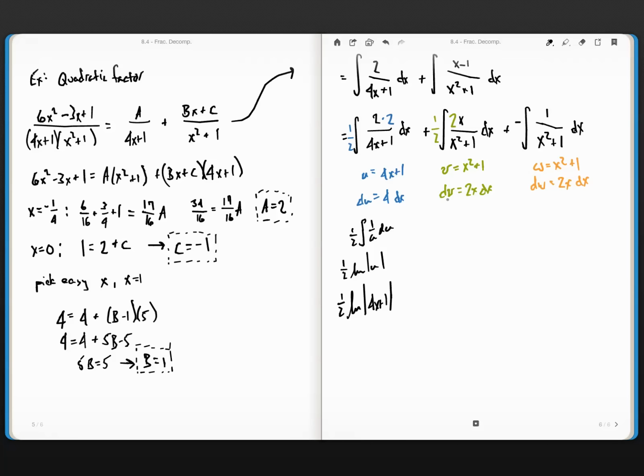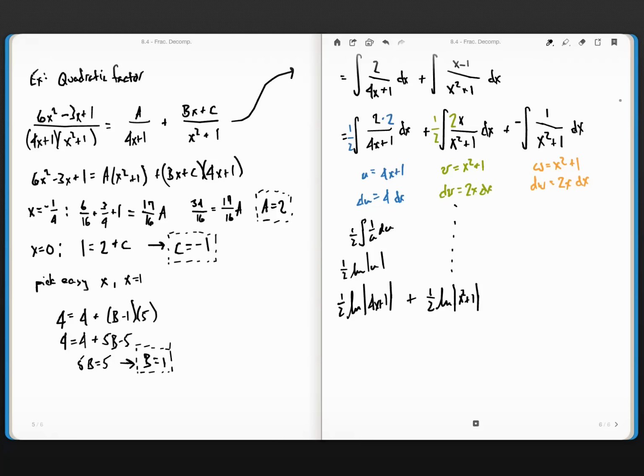And then this one here is same deal, 1/2 the integral of 1 over v dv. So this will become 1/2 natural log of x squared plus 1. Alright, but we still have this one.